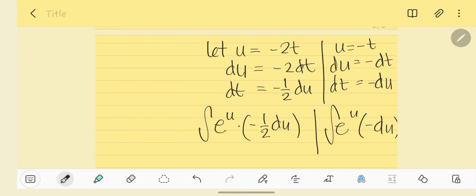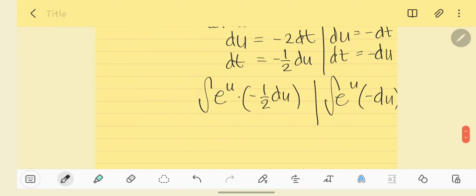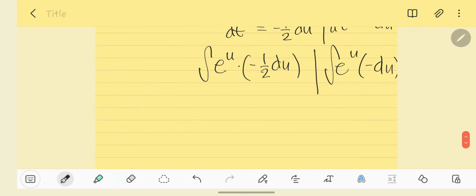Integrating, we get negative 1/2 e to the u plus e to the u plus c.